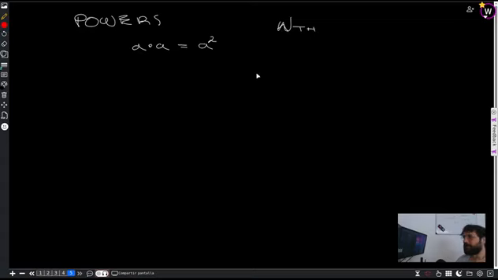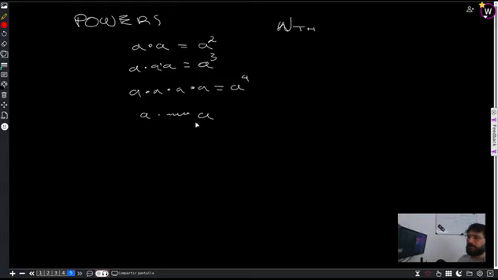I'm sorry for my handwriting, but this is an n. If we had a times a times a, this is a to the third. If we have a times a times a times a, this is a to the fourth. And if we have a n times, this is a to the n.